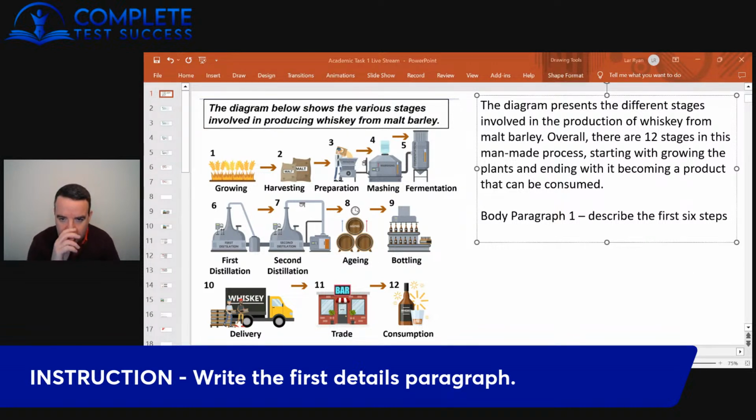If you just look at what we have here, the number of stages, where it started, where it ended, and then a few extra bits thrown in, like it's a man-made process, it's a linear process, it requires specialized equipment. Adding all that stuff in as extras just makes sure that we get that high score. So I think you might be making it more complicated than it needs to be.